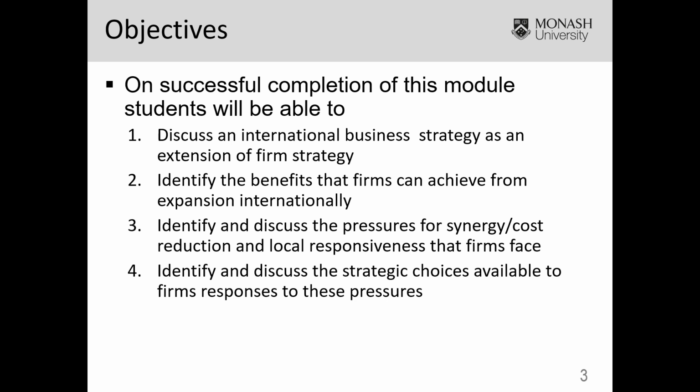So this week we're going to discuss international business strategy as an extension of firm strategy, and identify the benefits that firms can achieve from expanding internationally. We'll identify and discuss the pressures of synergy and cost, because some models of international business refer to synergy and cost as pressures, and also look at local responsiveness, which is the other set of pressures a firm faces when they go international.